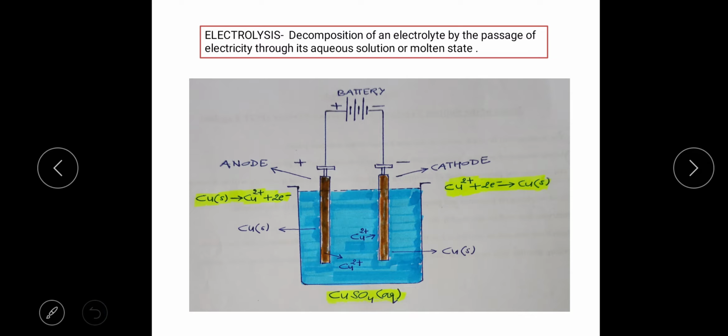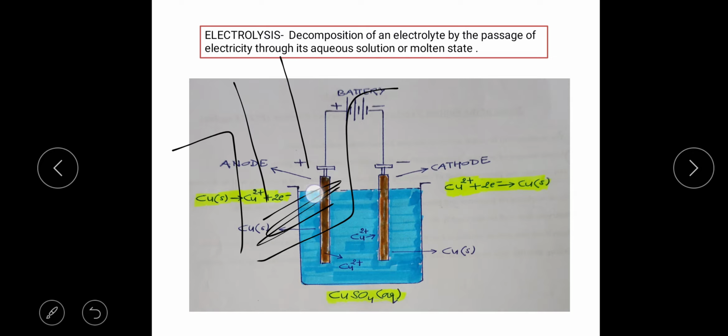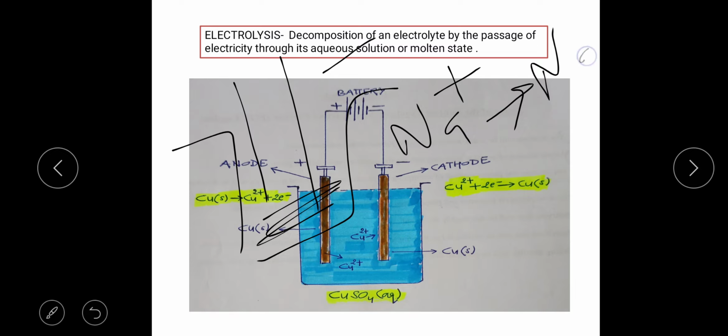Similarly, we can take another example. Let us take example of sodium chloride, molten sodium chloride. So if you electrolyze molten sodium chloride, what happens? Na+ ions will move towards cathode. They will get reduced and Na+ will change to sodium atom. Cl- ions from molten NaCl will go to anode. They will get oxidized and Cl- ions will change to Cl2 gas.